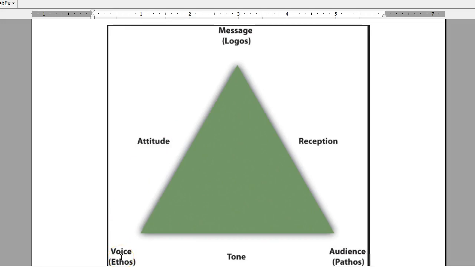Ethos. Think of ethos as ethics. Ethos is the ethical appeal typically found within the voice of the person sending the message.